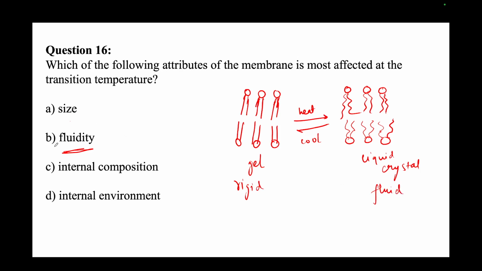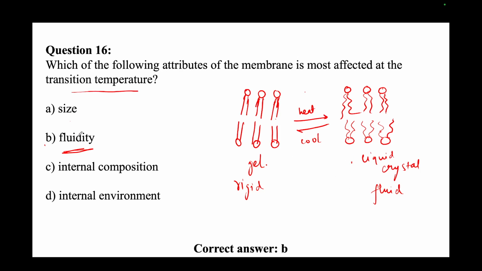Okay. So, the attribute that is being affected at the transition temperature. What is transition temperature? That is the temperature at which the transition is happening from one form into the second form. That transition is happening at a particular temperature, that is called the transition temperature, and this transition is affecting the fluidity of the membrane.